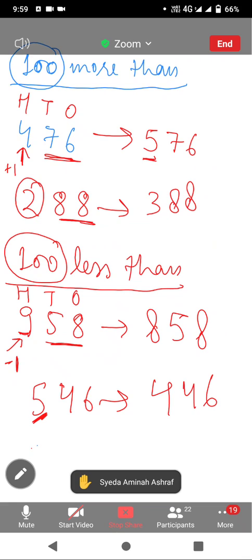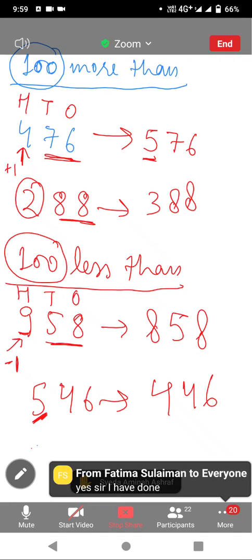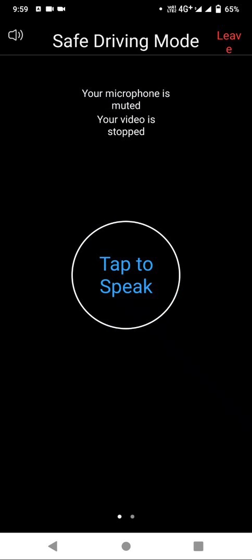Okay, so students, now everyone open your maths book. Open page number 80. It is your maths period, am I right?